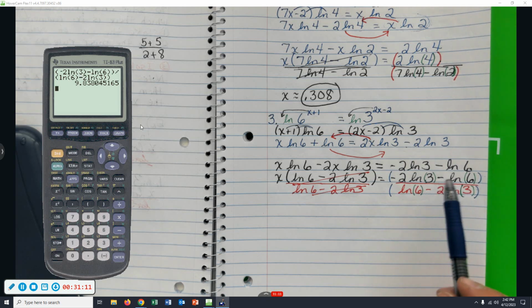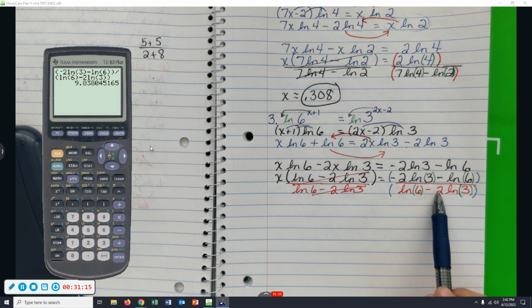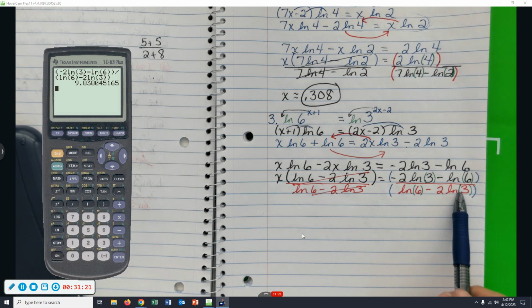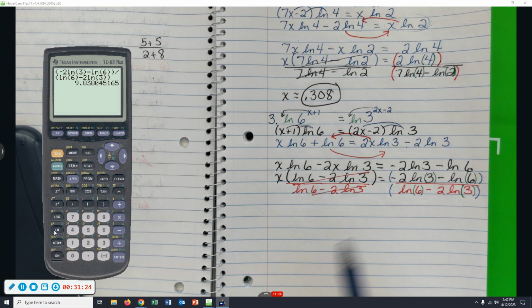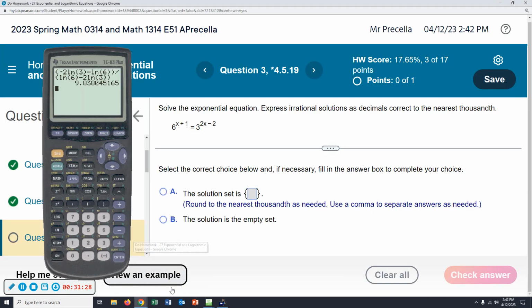Every time you push the LN, if your calculator opens them, then you've got to be closing them also. That makes sense. If you have a calculator that doesn't open the parentheses when you hit LN, I'd love to know it.